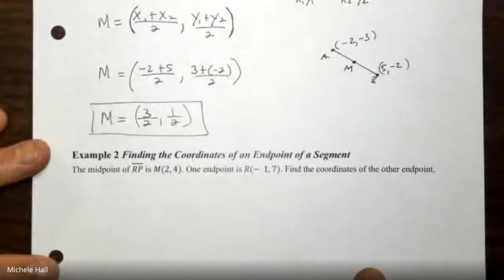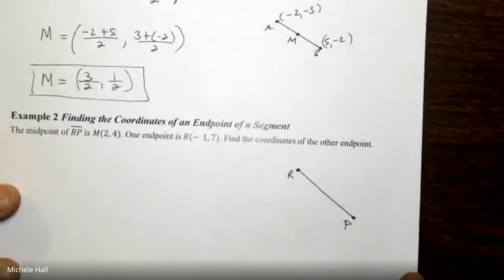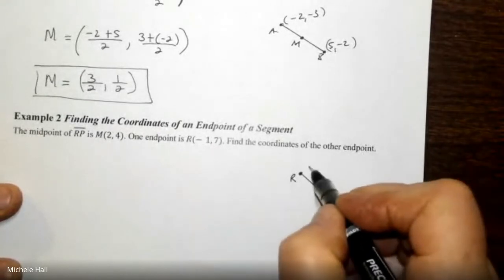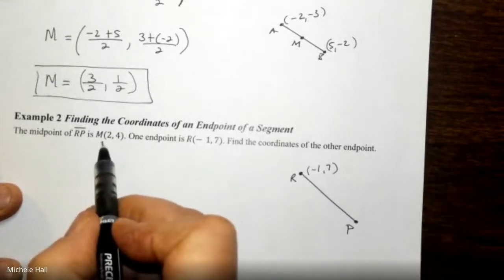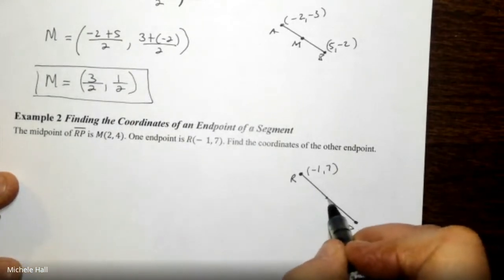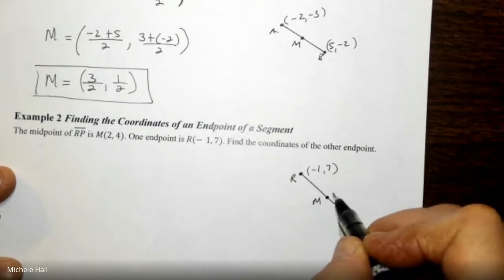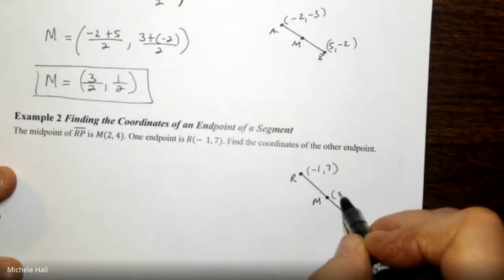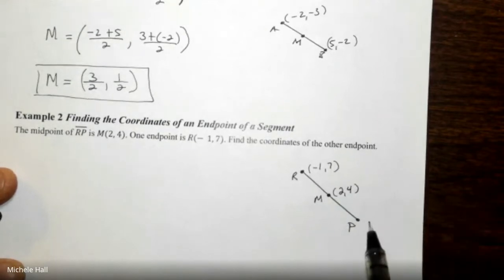The midpoint of RP. We have R is (-1, 7). And then we have the midpoint. The midpoint of RP is (2, 4); this time we know what the midpoint is. We are looking for the endpoint.